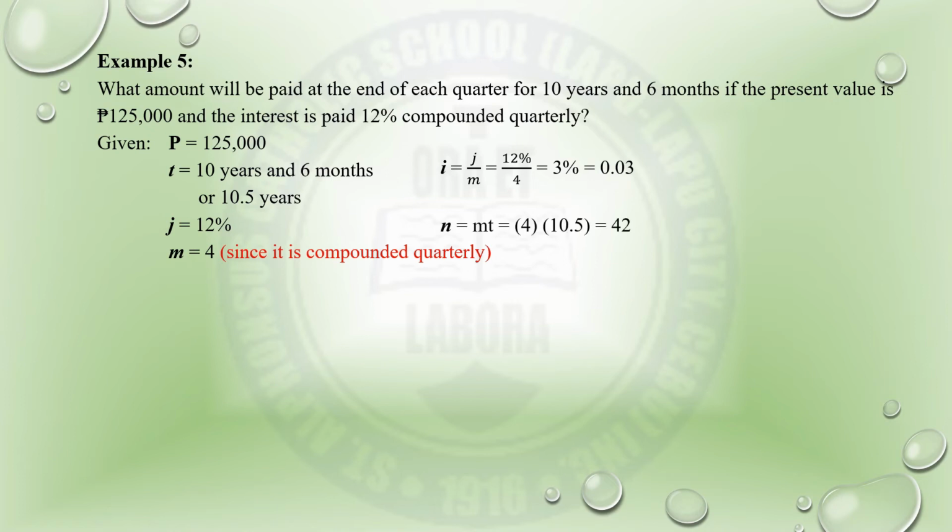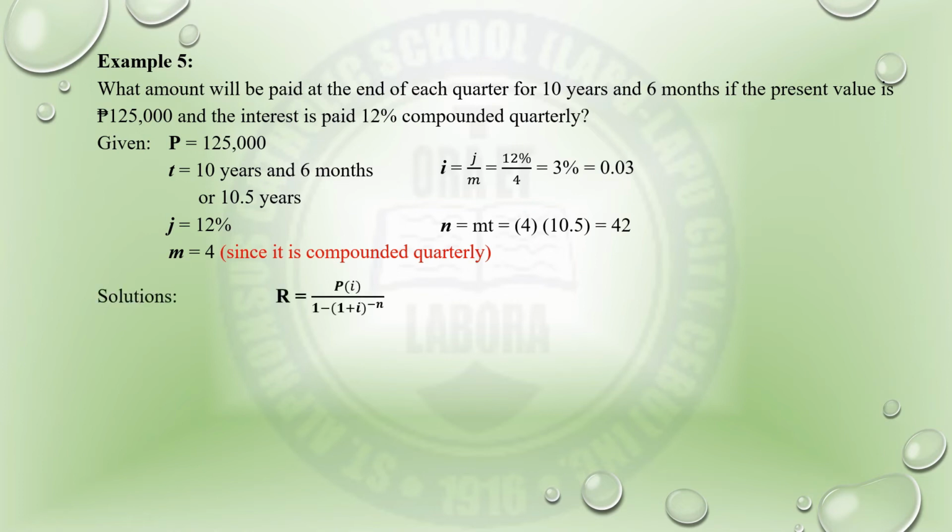To get the value of N, which is the total number of conversion periods, we get the product of M and T. We substitute their values, 4 times 10.5, and the answer is equal to 42.